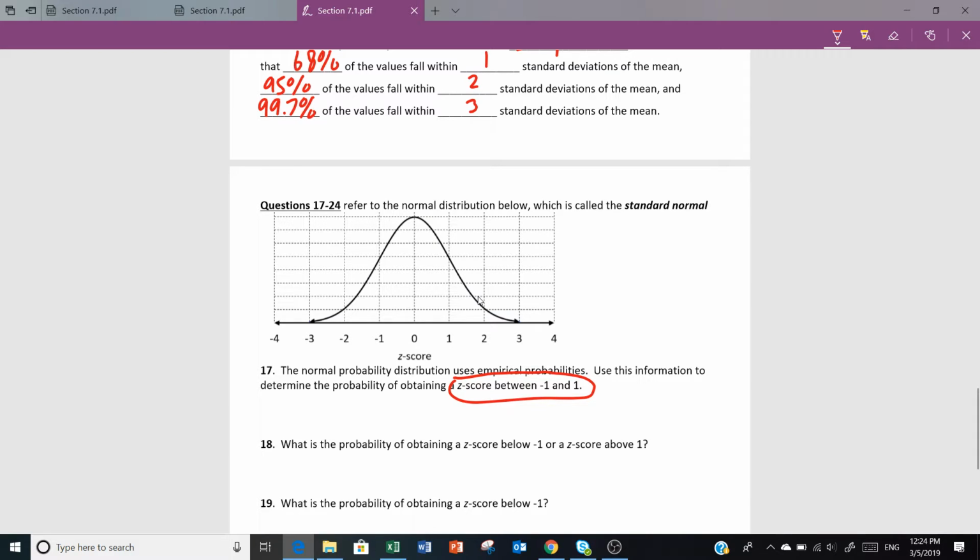Standard normal. Normal probability. Negative 1. Yeah, I think it'd be 0.68.